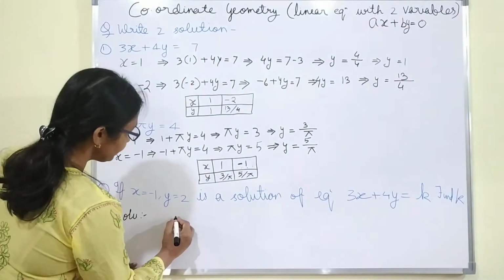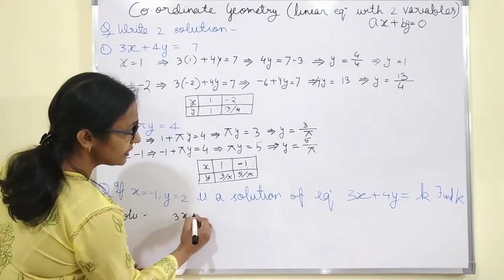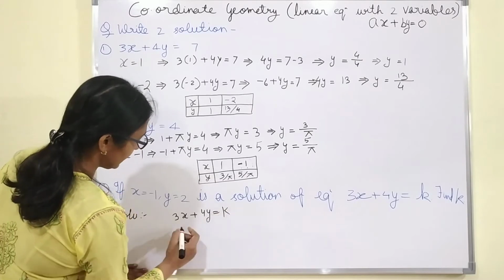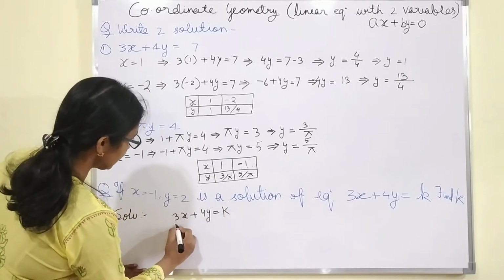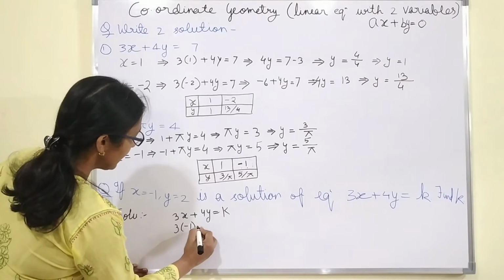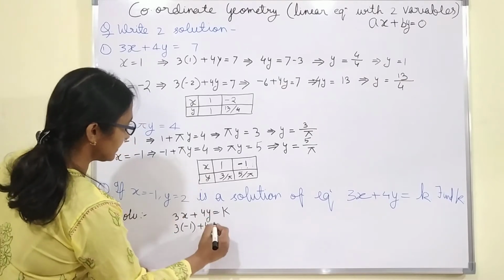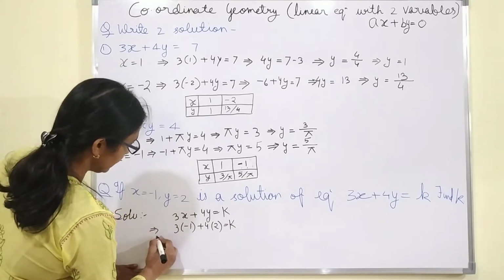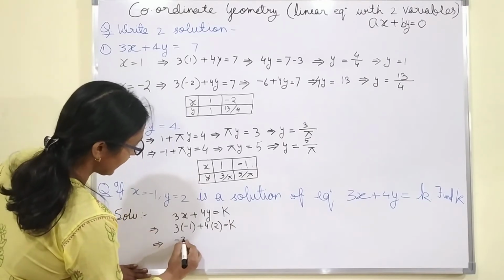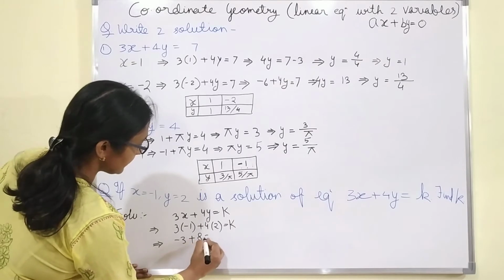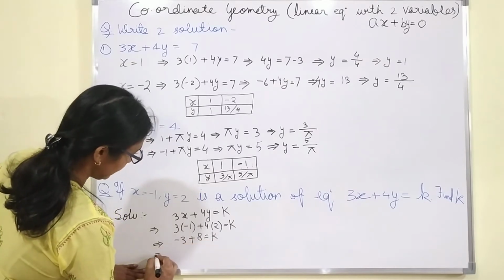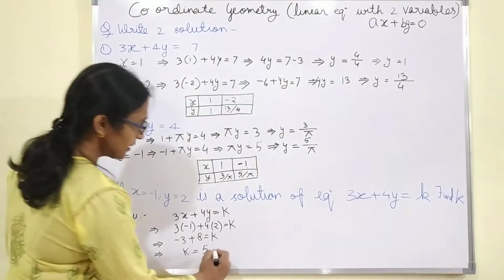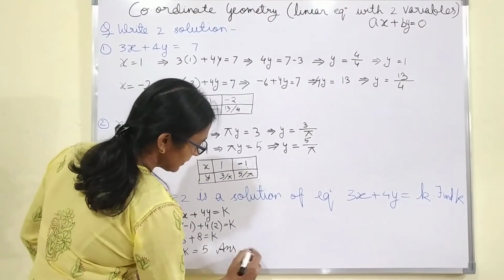So 3x plus 4y equals to k. Value of x is given minus 1 and value of y is given 2. So minus 3 plus 8 equals to k. So value of k will be 5. Okay. It's our answer.